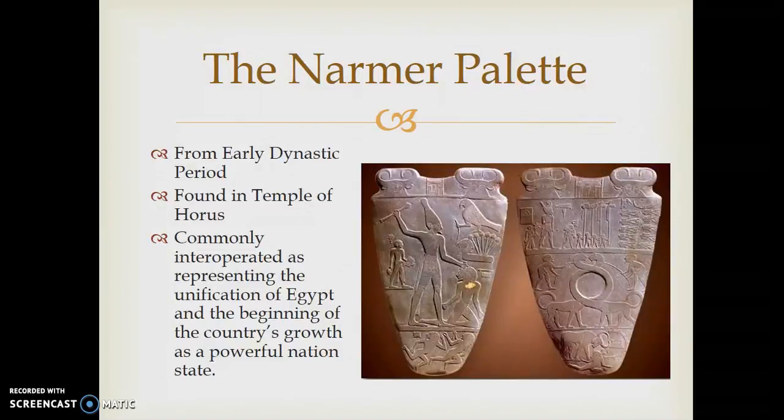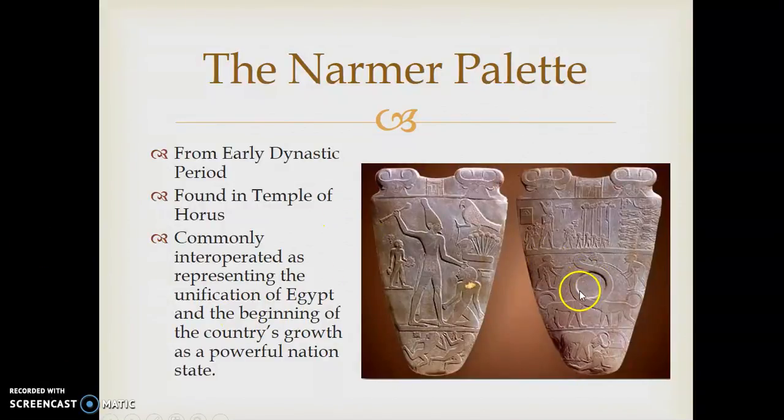So this is your first image that you need to know in ancient Egypt, and this is from the early dynastic period. This is the palette of King Narmer, and King Narmer is associated with unifying both North and South Egypt. The reason it's called a palette is that this is actually like a makeup palette.